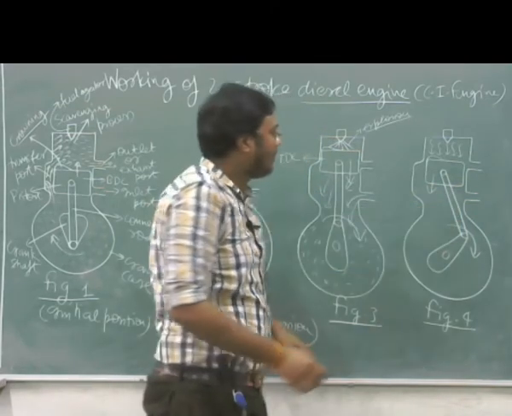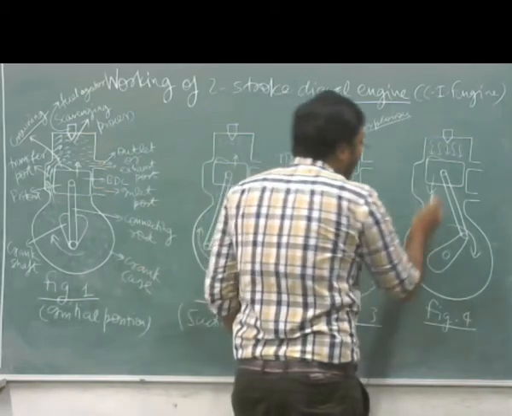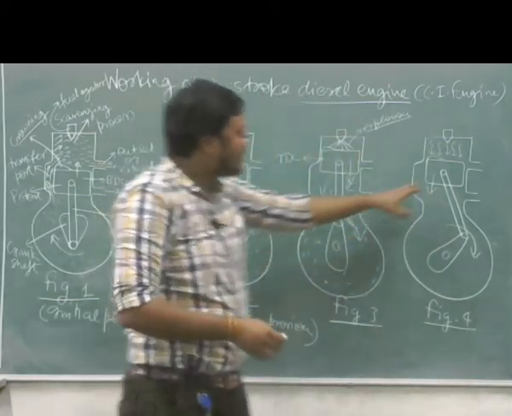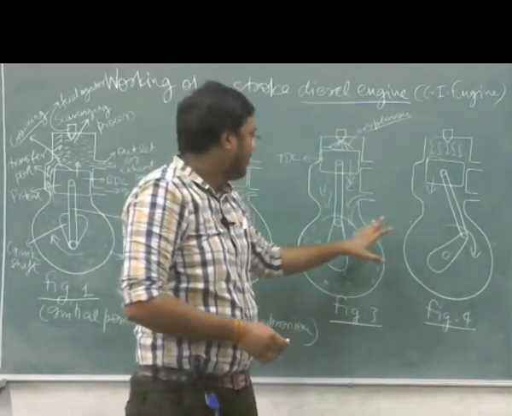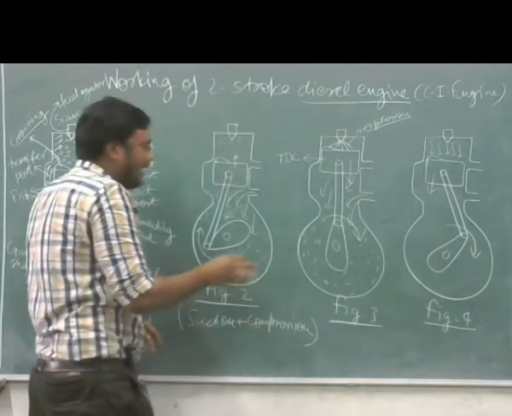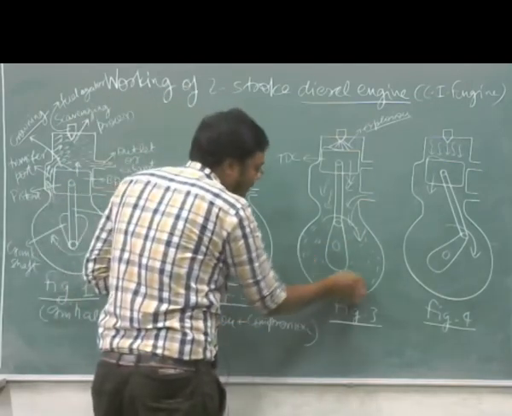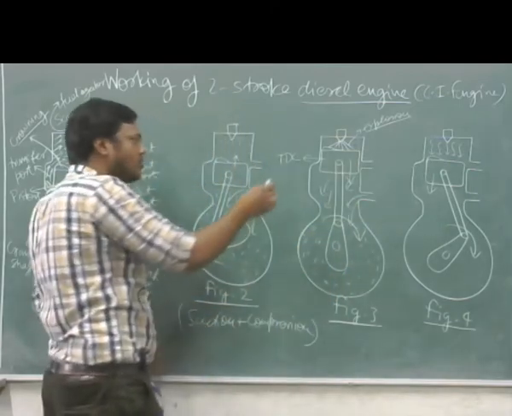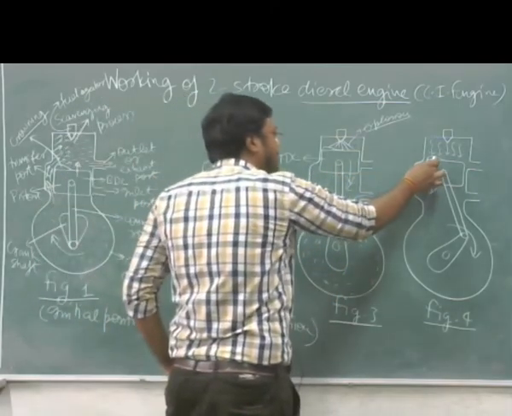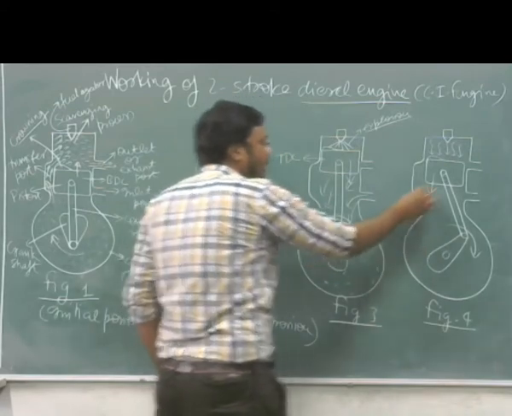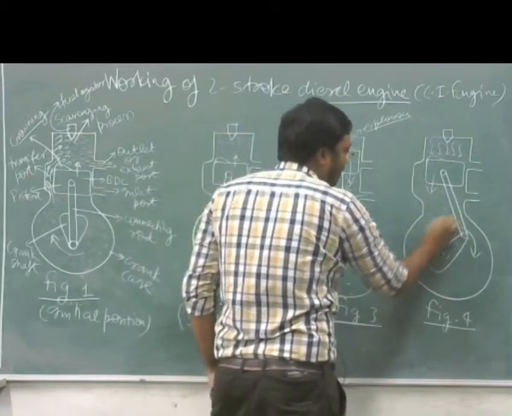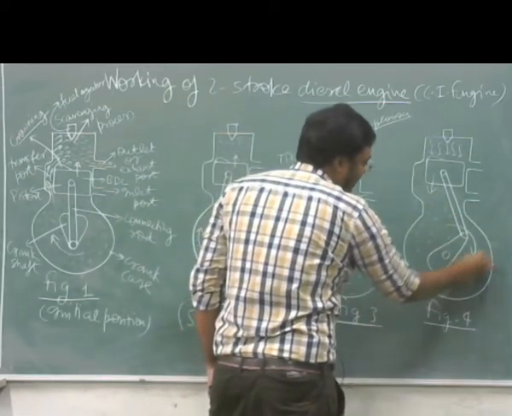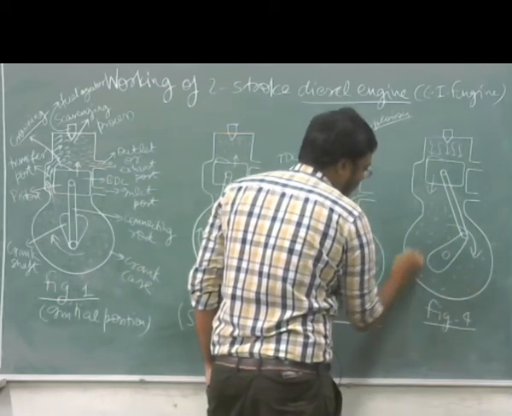Another thing is happening here. In the previous diagram we saw that a lot of fresh air is present below the piston. So now when this piston is moving downward, it will compress the air present in the crankcase below the piston.